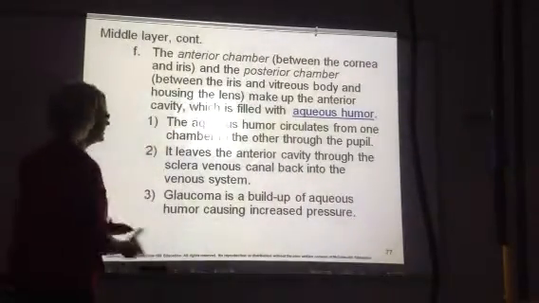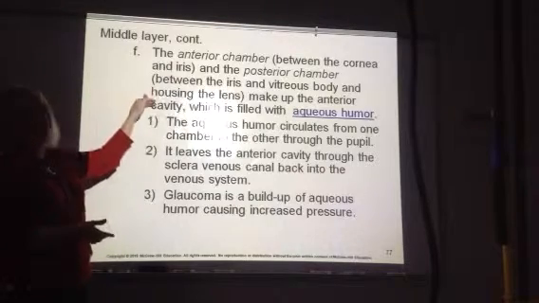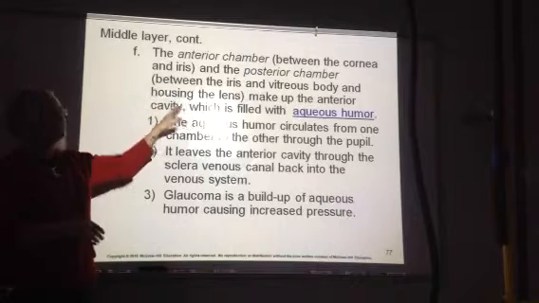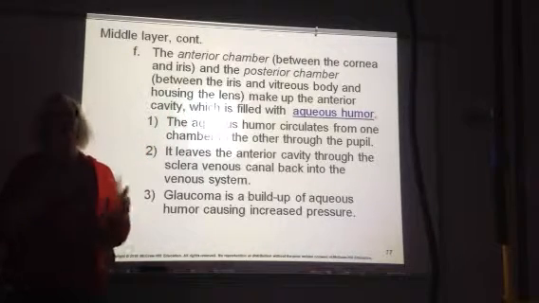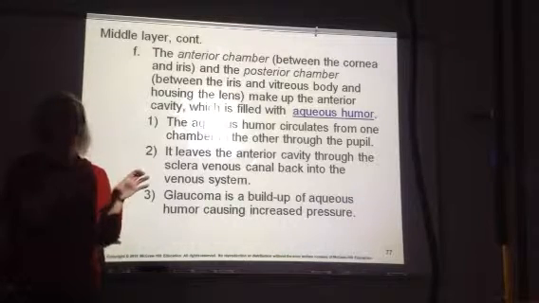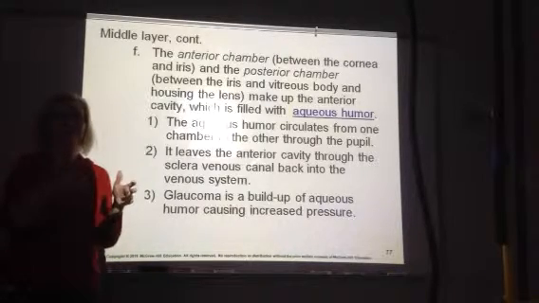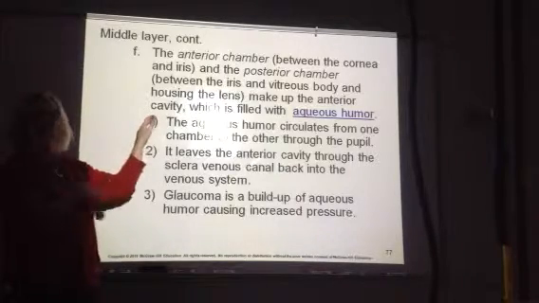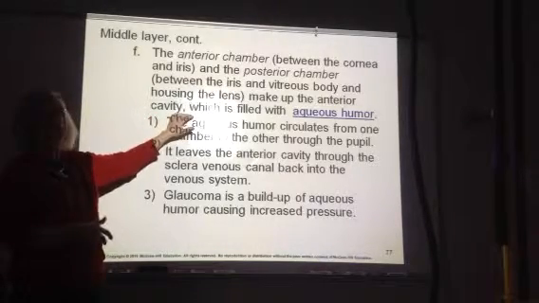Continuing with the middle layer, remember the anterior cavity is in front of your lens, and that area is filled with aqueous humor. Aqua, water, it's a very thin fluid. If you've ever poked an animal's eyeball, if you've dissected the beef eye, that liquid that squirts out is typically aqueous humor.